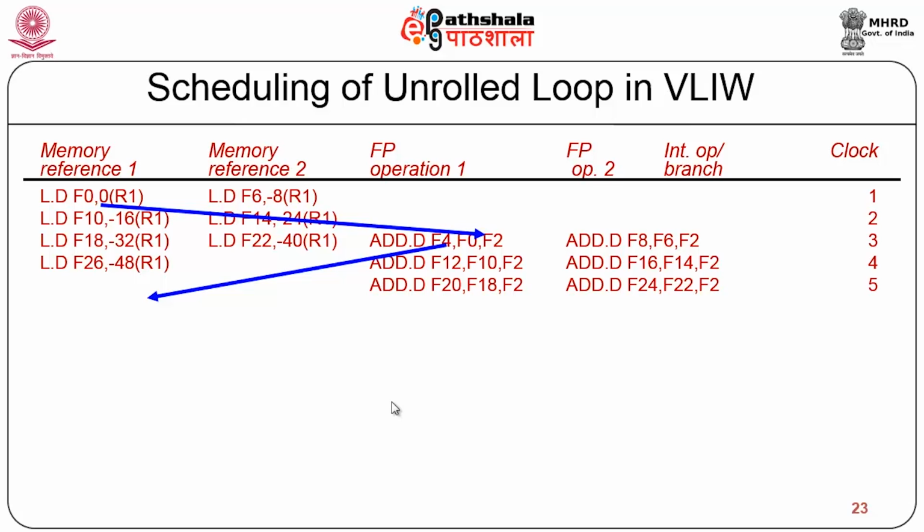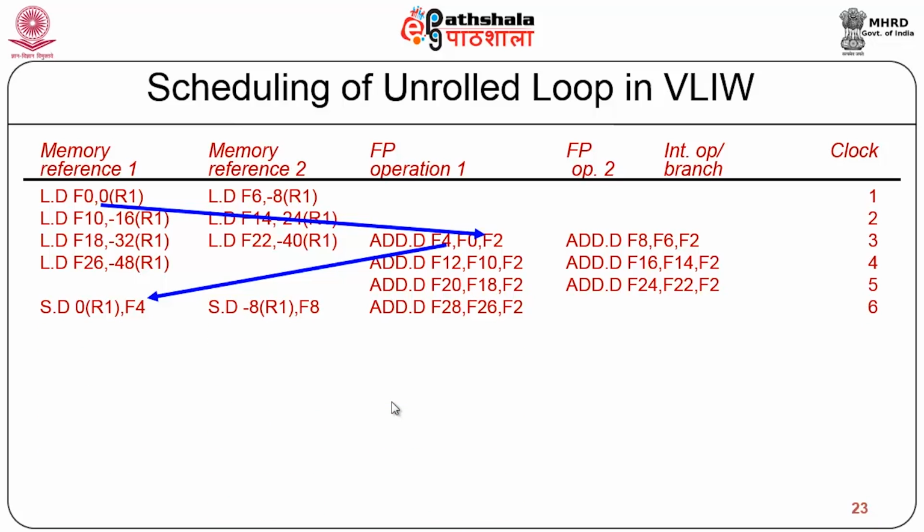So, you have 2 loads scheduled for the first bundle, the next 2 loads scheduled for the second bundle, the next 2 loads scheduled for the third bundle, and by the time the latency of 1 between your load and your add has finished, you can schedule your add instruction for the 2 loads issued in the first clock cycle. The 2 adds can come in, and so on.